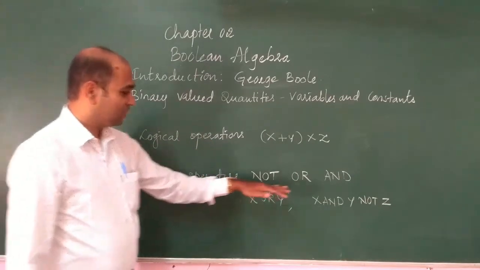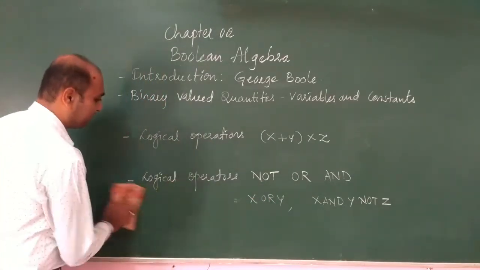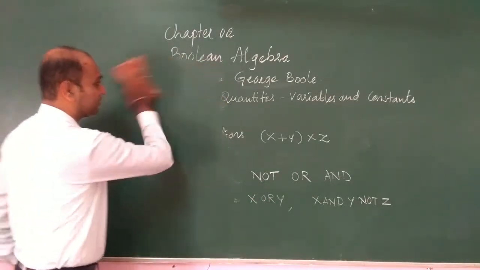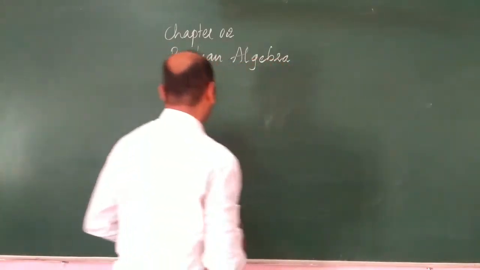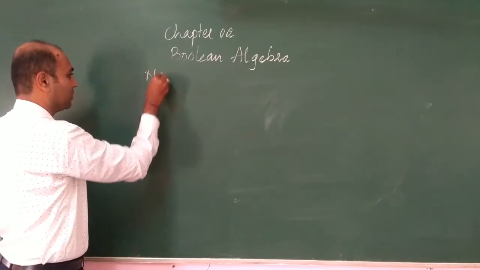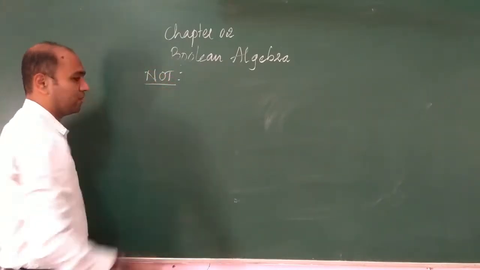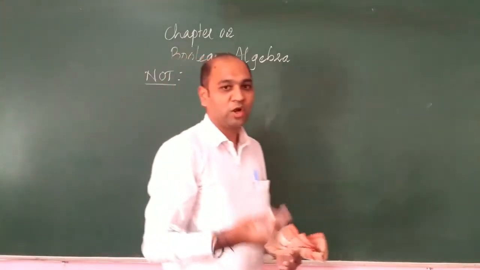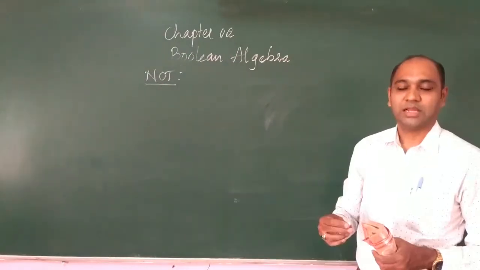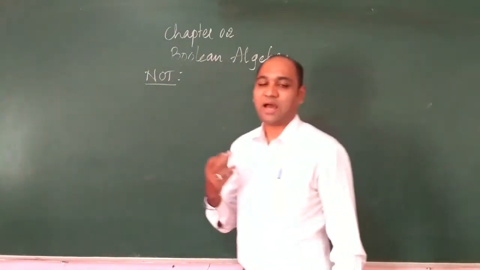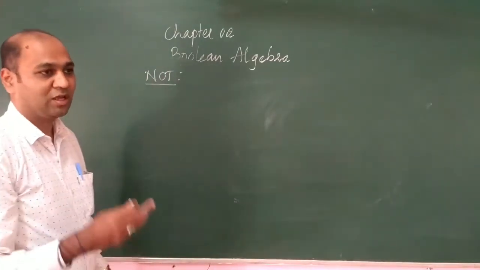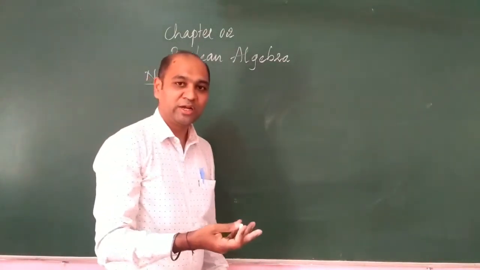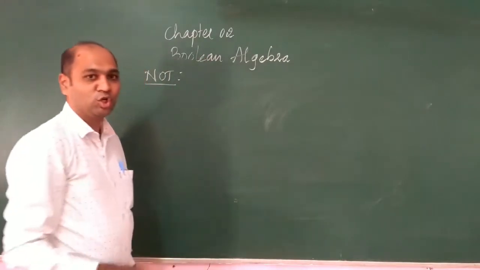Now let us continue with the first logical operator, not. Let me rub this and we will continue with the first logical operator, that is not. Okay. So not is also called complementation. If the value inputted is true, it results in false. If the value inputted is false, then it returns true.